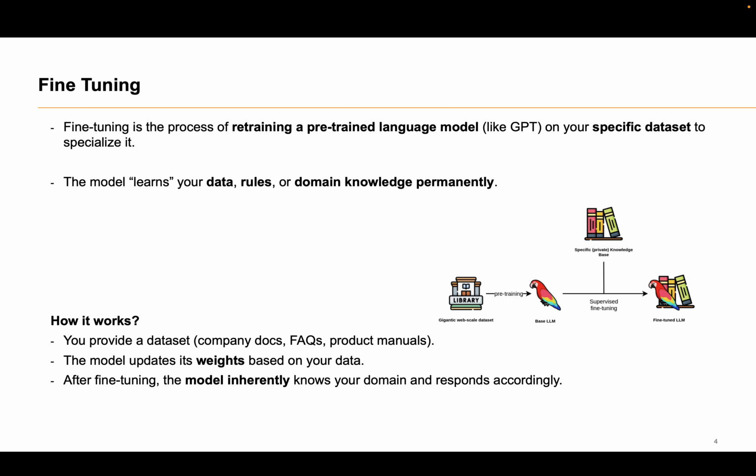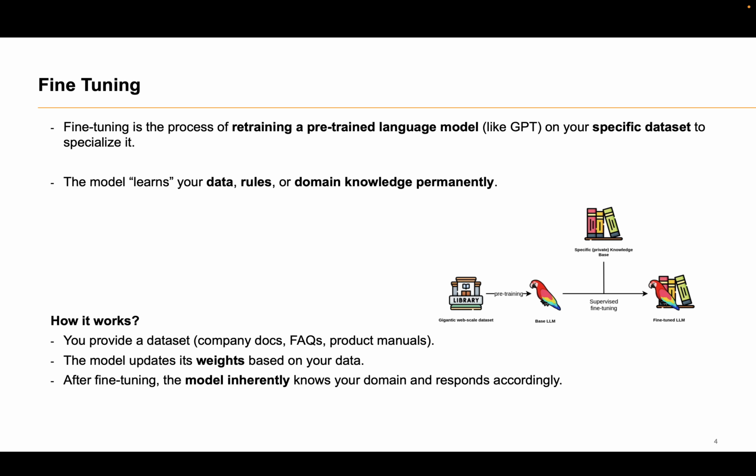If in the data you are giving, you are telling the model to use some specific language, like legal language or technology related language, or to have a professional tone or maybe a casual tone, we can provide all this information in the data.